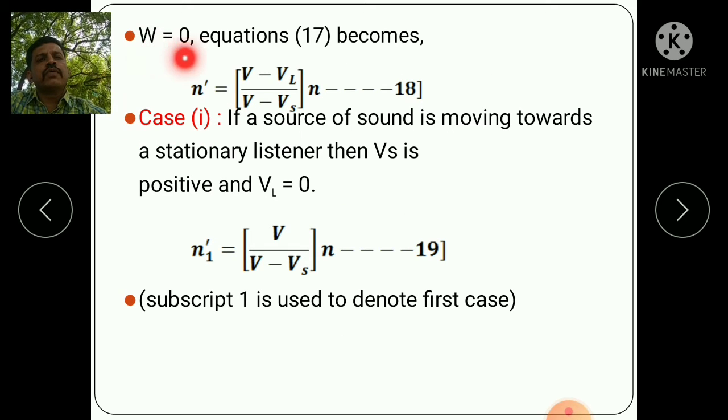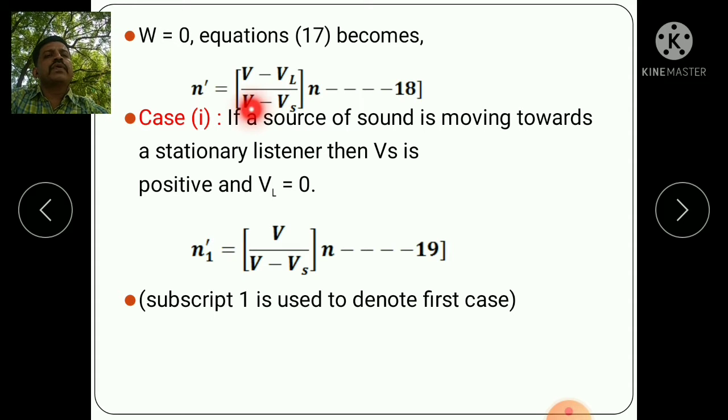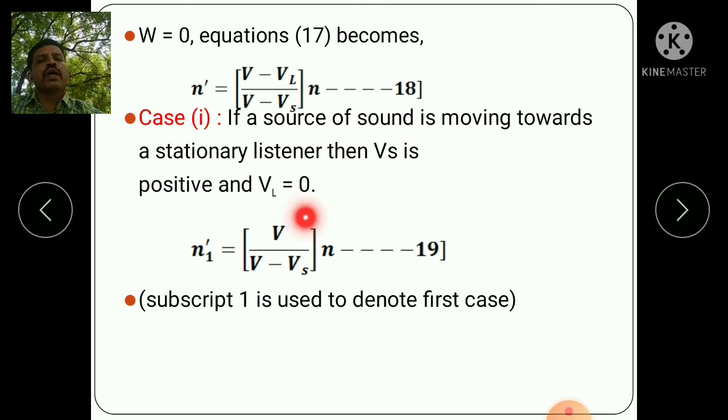Here w equal to 0, so the equation becomes n dash equal to (v minus vl) upon (v minus vs) into n. If the source of the sound is moving towards the stationary listener, then vs is positive and vl is equal to 0. Therefore n1 dash equal to v upon (v minus vs) into n. Subscript 1 is used to denote the first case.